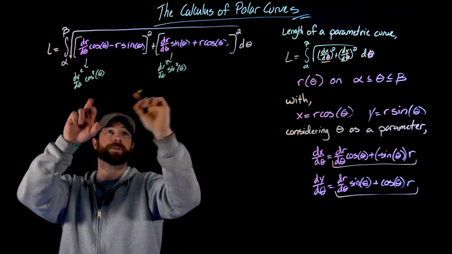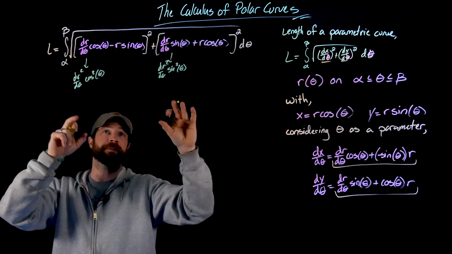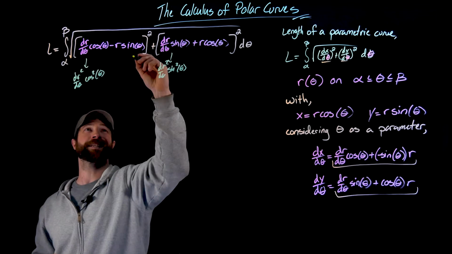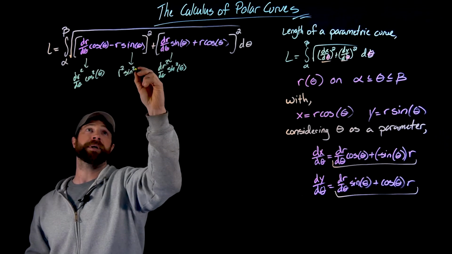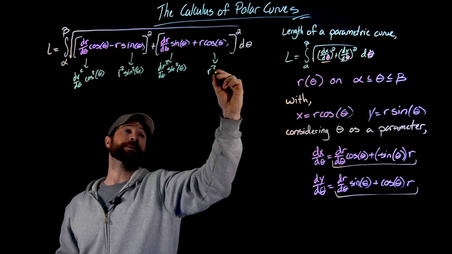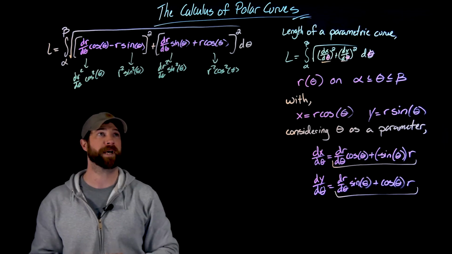We put those two together because the cosine squared and sine squared will factor out the dr d theta squared. Then in the same way, we get r squared sine squared of theta, and this will give us an r squared cosine squared of theta. So I just want to wrap this up real quick.